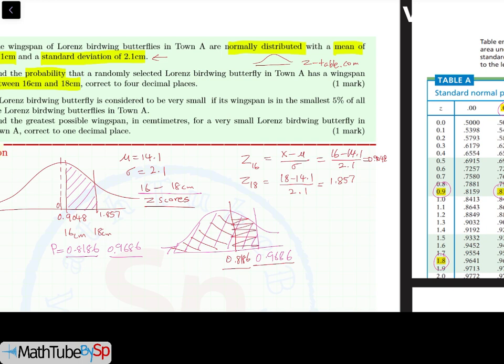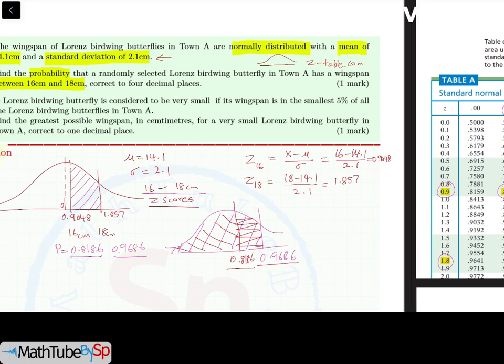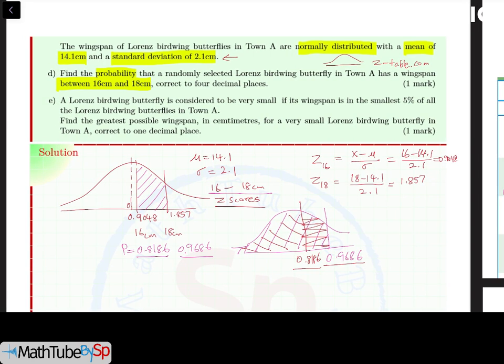So the required probability of the butterfly wingspan being between 16 and 18 centimeters is 0.9686 minus 0.8186.